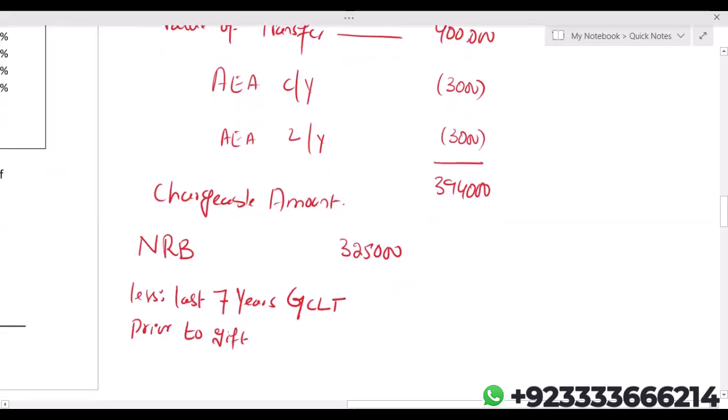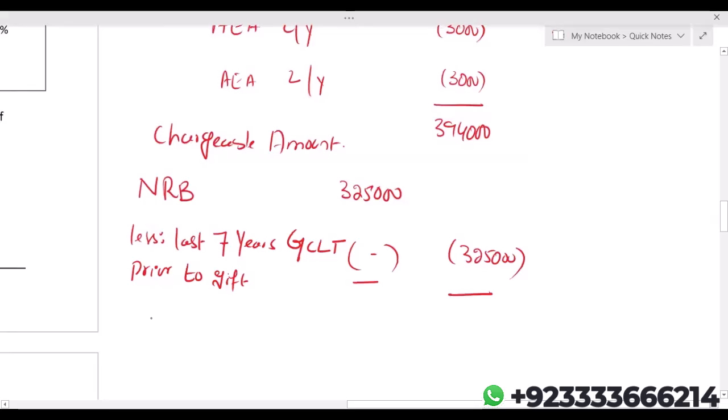This is very important. What we are writing, prior to gift. So if you have any gross chargeable lifetime transfer in the last 7 years prior to this gift, then deduct that. Let's say we do not have. This is the first gift, so 325. Now you will have taxable amount. 394 minus 325. I'm getting 69,000.